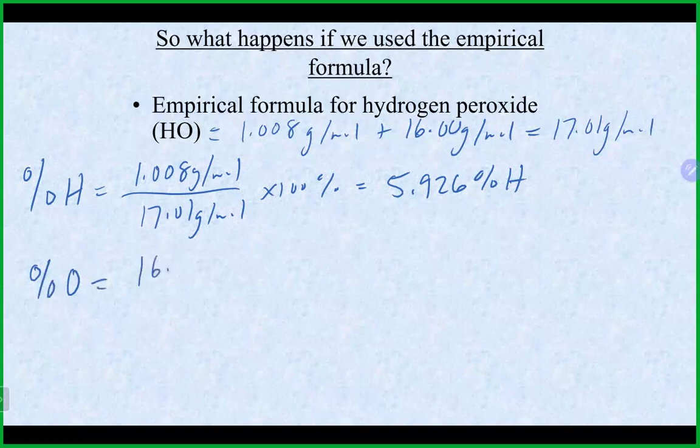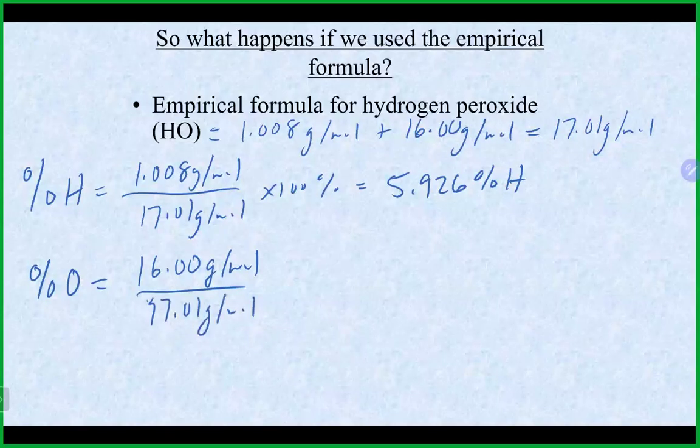We could also do the same thing for oxygen. In the empirical formula, there's just 1 oxygen, which would be 16 grams per mole divided by 17.01 grams per mole times 100%. And in this case here, we end up with 94.06% oxygen.